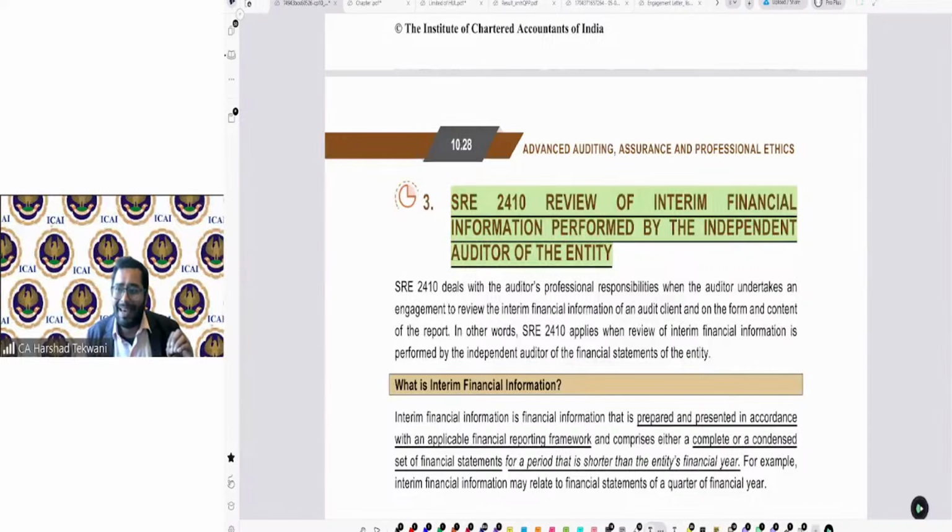We will understand the requirements of SAE, specific SAEs. We have already discussed some of the topics. For example, when you discuss SA 402, consideration of a service organization.